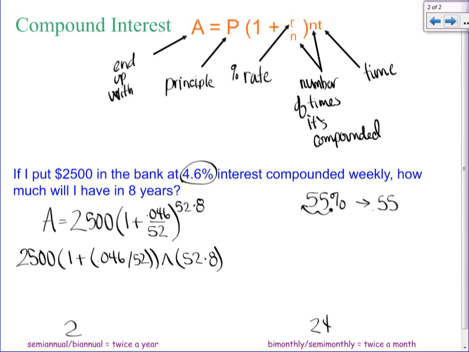This fraction right here you have to put in parentheses. You can't use the fraction button right here. You have to use the division symbol because your calculator does not like decimals in a fraction. So you have to do 0.046 divided by 52, parenthesis, parenthesis. And then when you raise it, this whole thing right here is in the exponent, so you have to put parentheses around it, otherwise you won't get the right answer. So I want all of you to type this in and hopefully all get the same dollar amount in the bank. So if you want to write down this right here so that when you're doing your homework, you know how to punch it in, that might be a good idea if you wouldn't have known this beforehand.